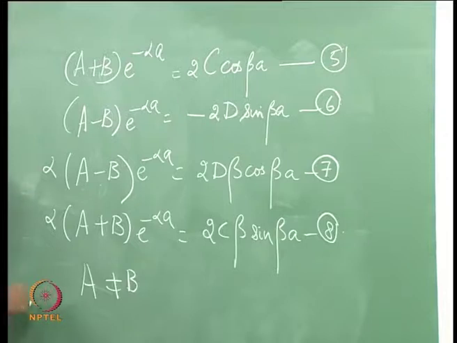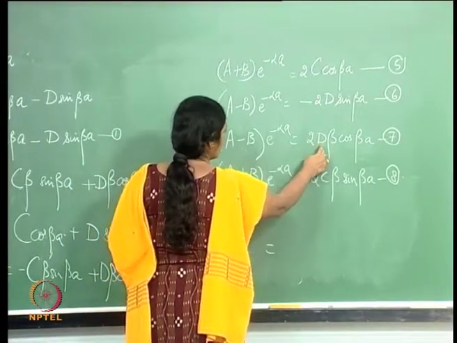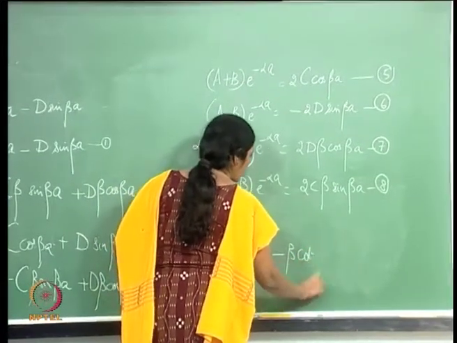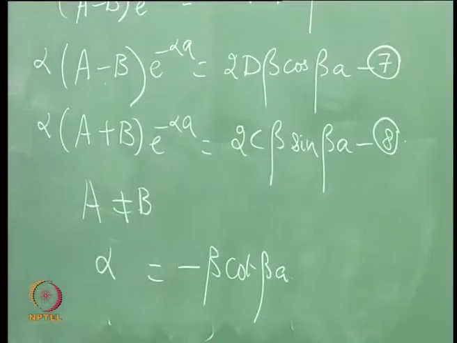If I did that, I get alpha is equal to minus beta cot beta A. So that is one thing that I have.